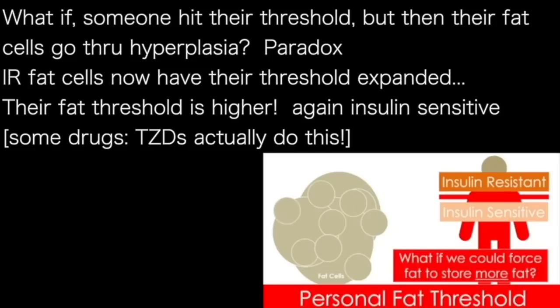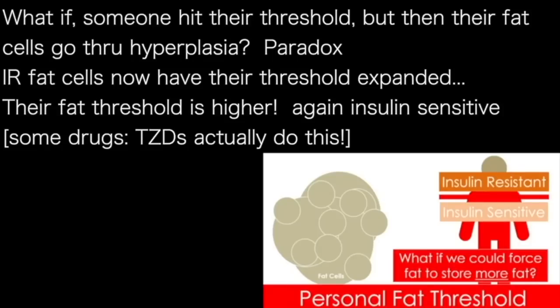You'd think if the story I just told you is true, that filling fat cells is what creates not the total amount of fat on the body, not the fat mass, but the size of each individual fat cell. If those fat cells have gotten big, they have insulin resistance.